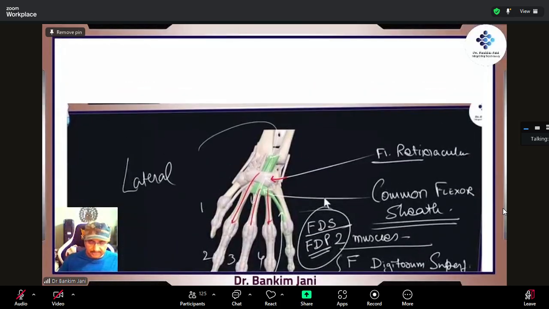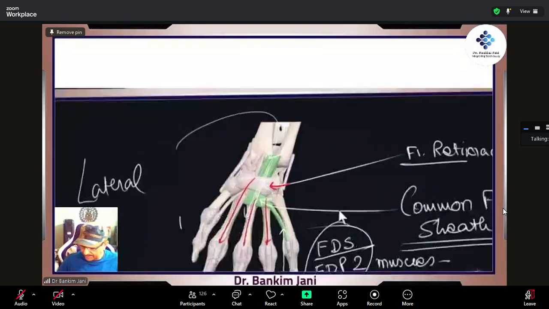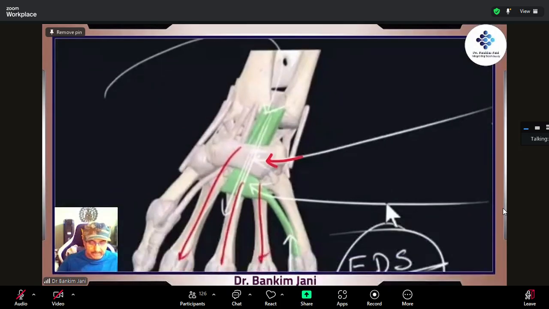Today, many of the things are important just to know, right? In the exam, they would be asking it. Flexor retinaculum, extensor retinaculum, you should be thorough with it. So here is now the flexor retinaculum. And then underneath the flexor retinaculum, see the thing which is highlighted. I'll just zoom in on this green portion.